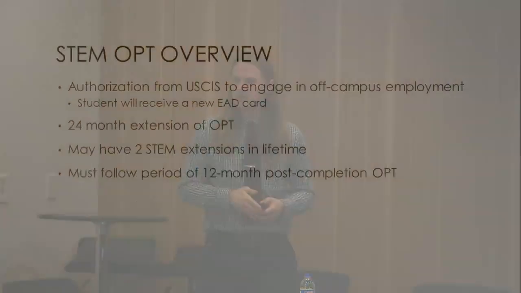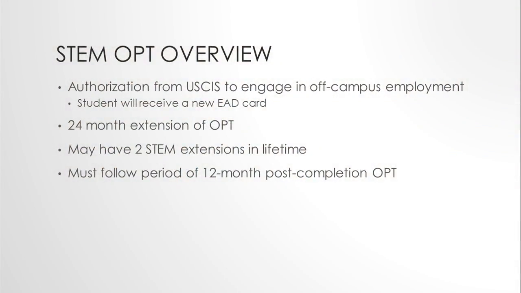And then the final main type of work authorization that is available to F1 students is called STEM OPT. This is for majors in science, technology, engineering, and mathematics. It is an extension of up to 24 months after the first 12 months of OPT for a student.